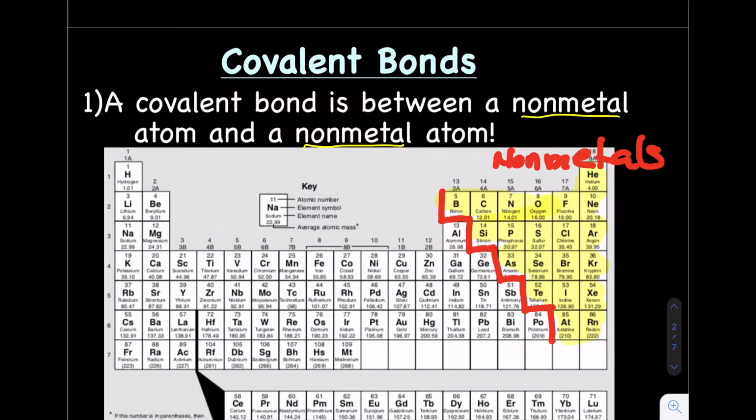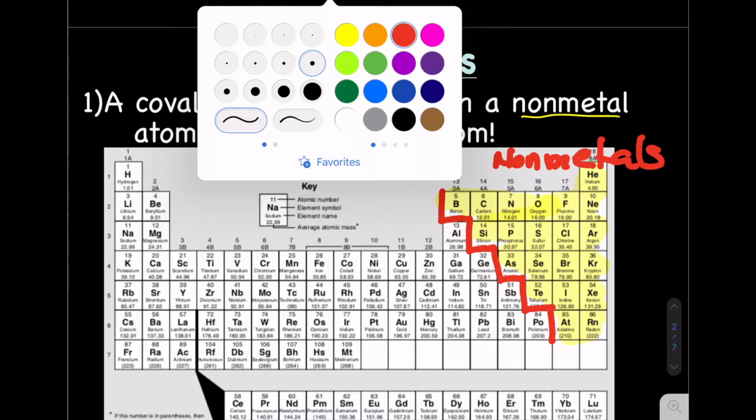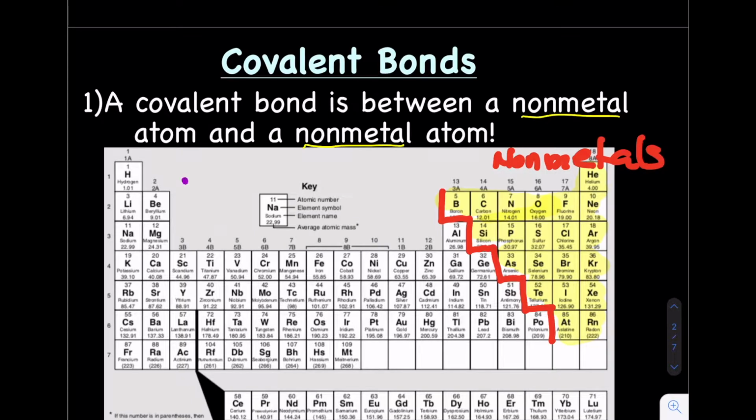Okay, and all the rest over here, everything else are metals. So for the rest of this unit, we're going to spend most of our time focusing on nonmetals because we're talking about covalent bonds.